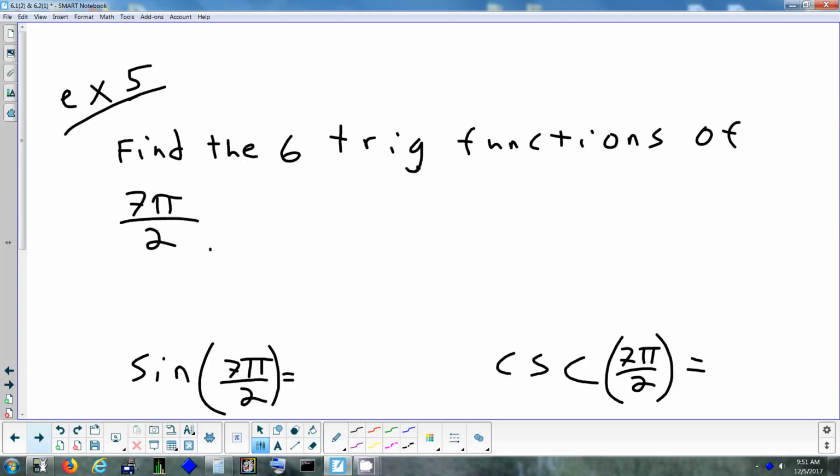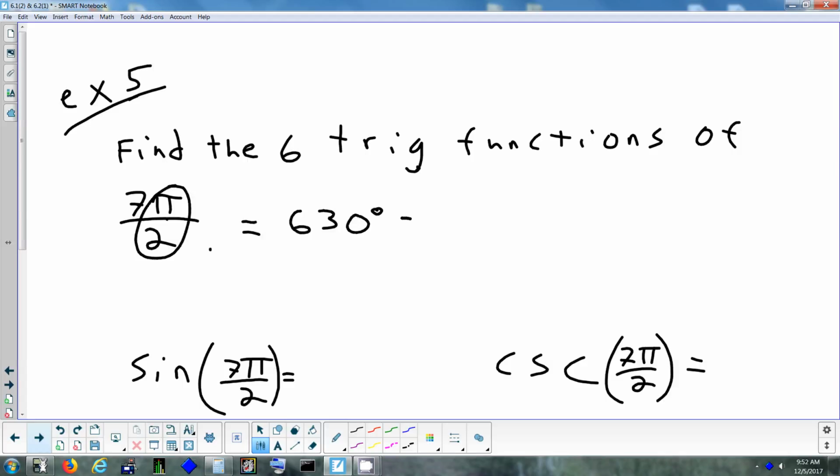This would be another one that you might want to change to degrees first. Let's do it using kind of a trick. What's pi over 2 in degrees? 90. So this is really 90 times 7. What's 90 times 7? 630.